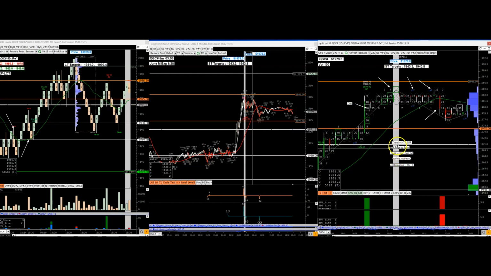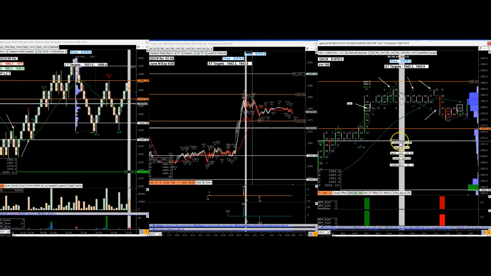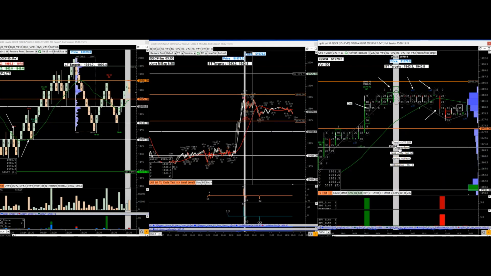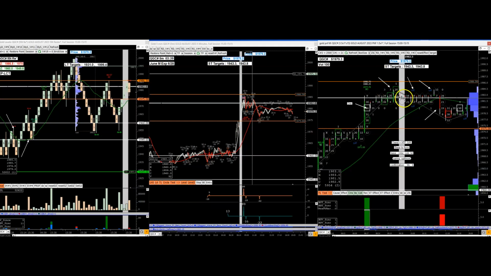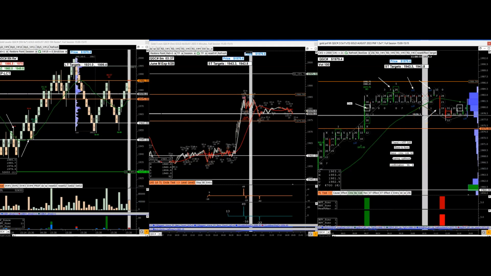Okay, so you have here, I don't want to call it a checklist, but behaviors that are critical for base building or accumulation and distribution using the tape reading chart.